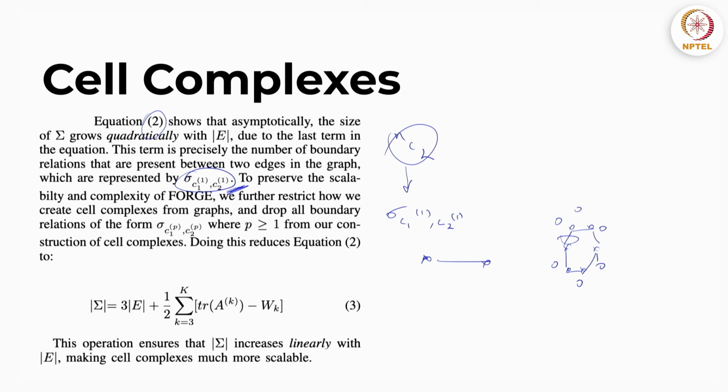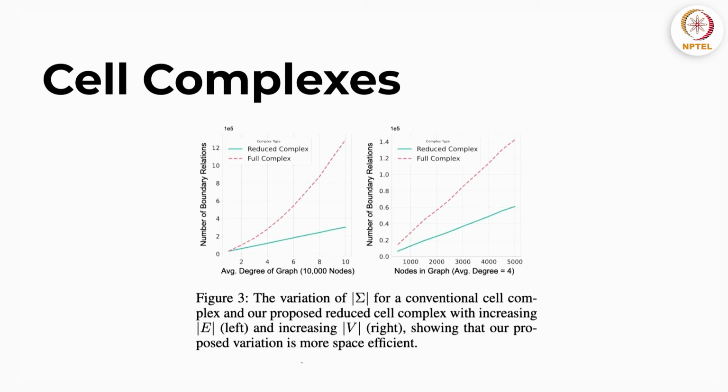So what we do is we restrict how we create the cell complexes, and we drop all boundary edges that are of this form. C11 means a boundary relation between one cells, and we also forbid boundary relations between two cells. By doing that, the equation reduces to this because the last term is removed, and this ensures that sigma actually increases linearly with the number of edges, which makes cell complexes much more scalable.